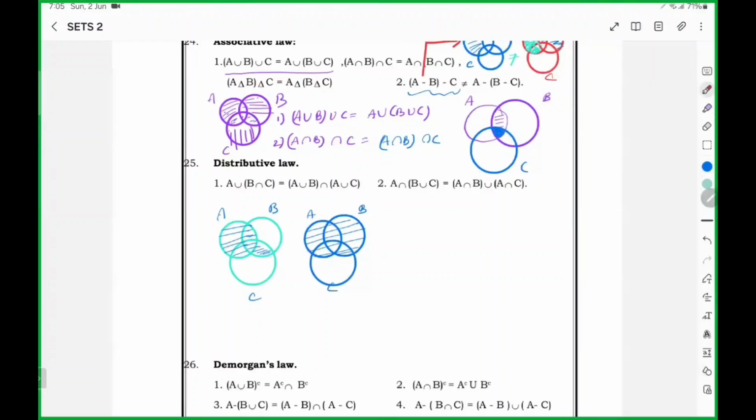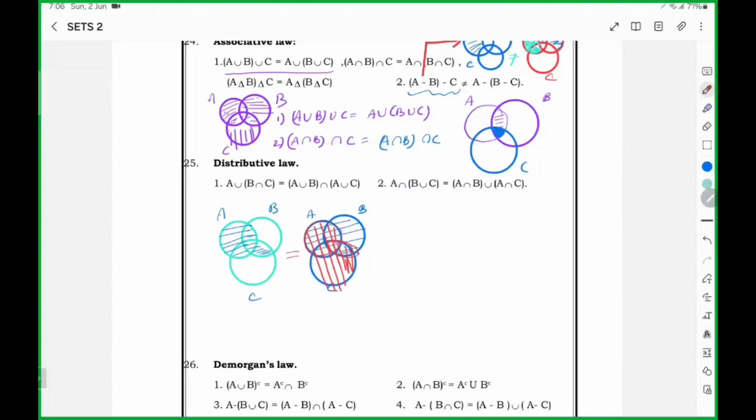Again, A union C means this. The common part where horizontal lines and vertical lines are covered is in this as well as this. Outside this, only here vertical lines, here horizontal lines. So these two are equal.